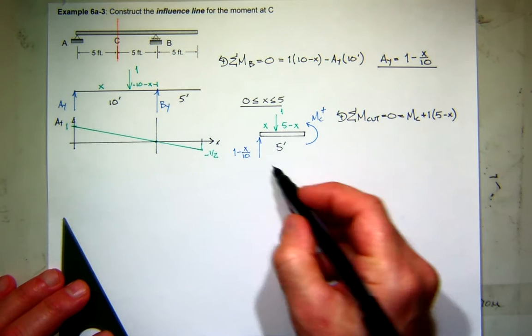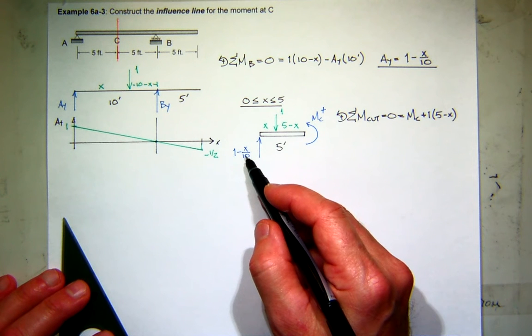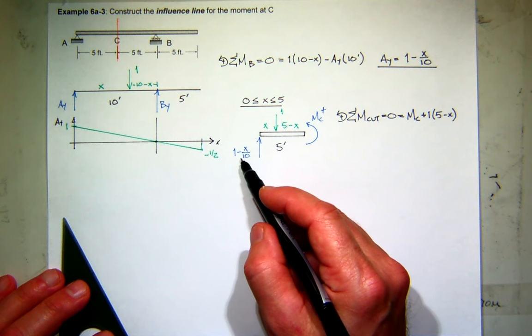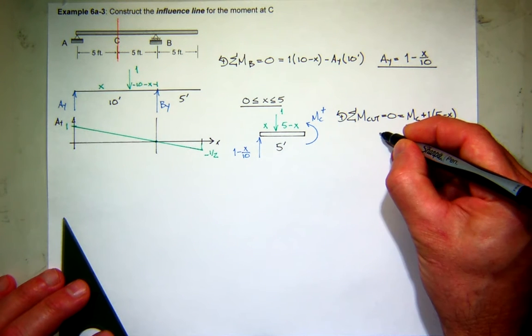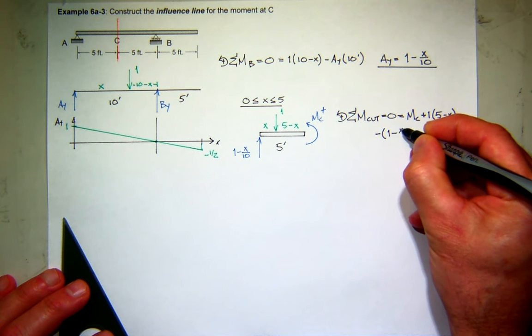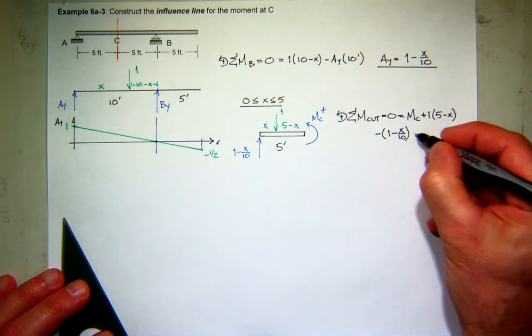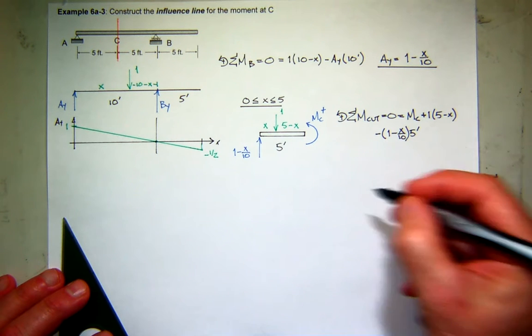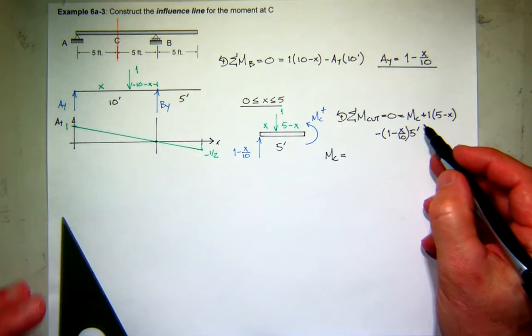And then I have my reaction, with a value of 1 minus X over 10. Is that a positive or negative moment? Negative. So 1 minus X over 10 is the force. And what's the moment arm? 5.